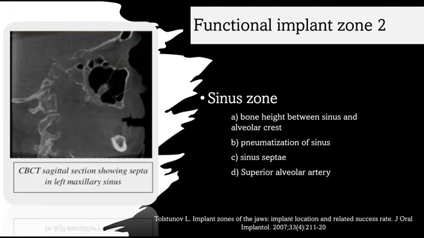This may suggest that it may require vertical or lateral augmentation, such as sinus lift procedures, and the presence or absence of sinus septae could complicate the sinus lift procedure if encountered intraoperatively. It also helps in the detection of the superior alveolar artery, which we'll see in the next slide.